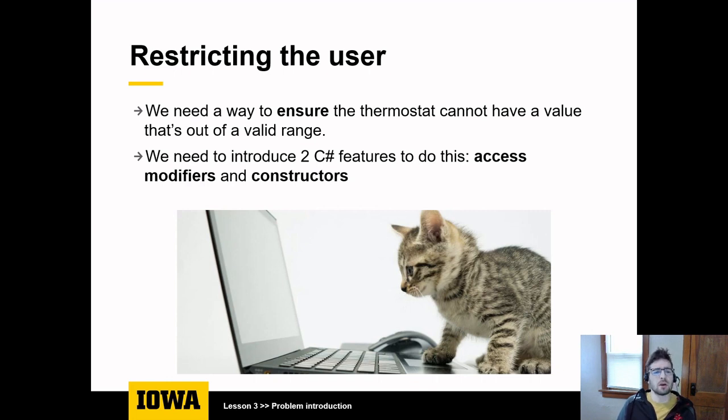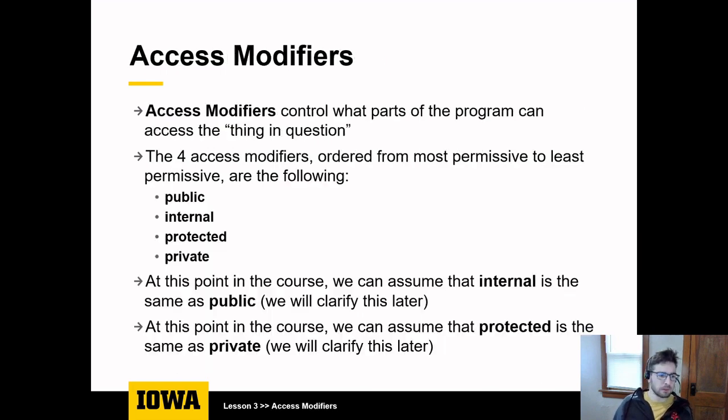And so the two C# features we'll use to do this are access modifiers and constructors. There are other ways we could solve this problem, but for the sake of introducing access modifiers and constructors, we're going to solve this problem using those two constructs.